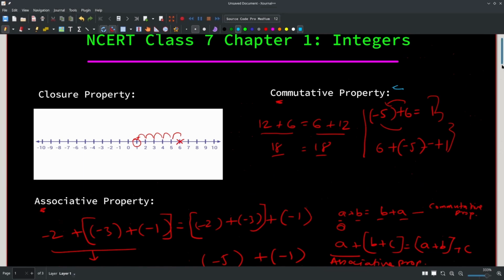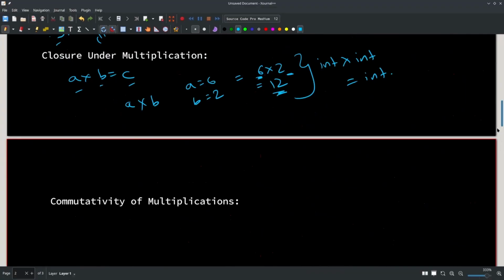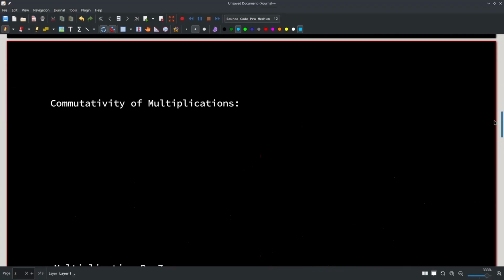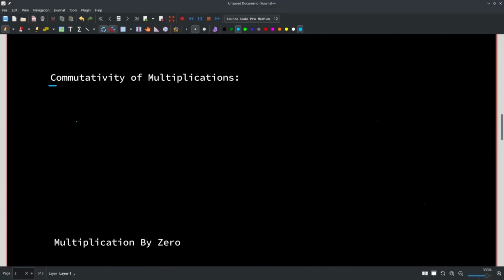So similarly, for the commutative property of multiplication, it's going to be the same. That means minus 21 into 4 will result in the same thing with the switch of positions as well. So 4 into minus 21 is going to be the same as minus 21 into 4. So we have minus and plus. So hence your resultant is going to be minus.